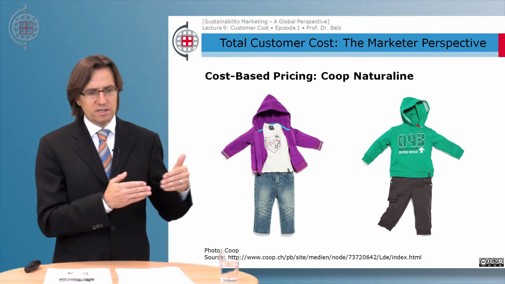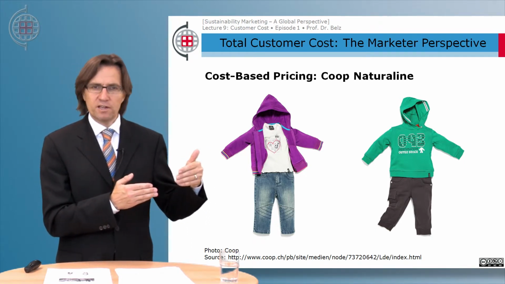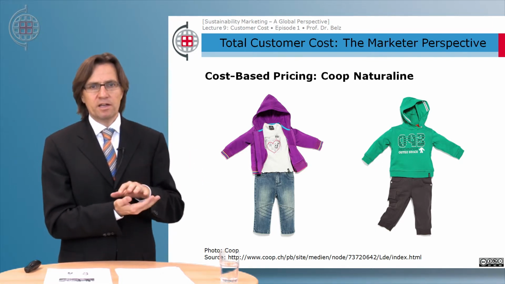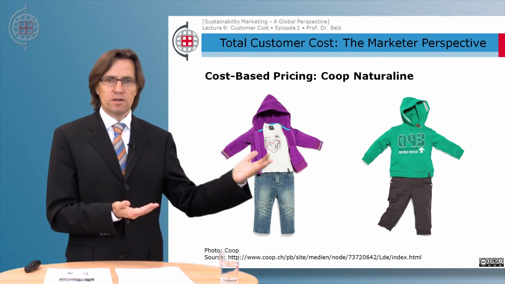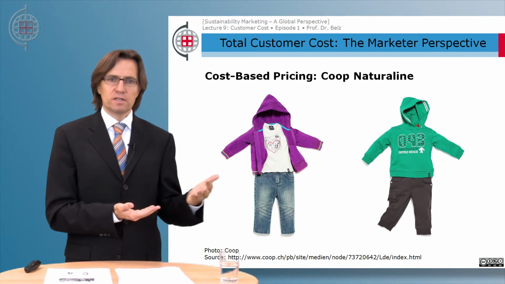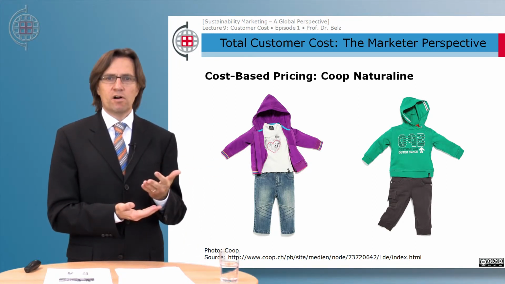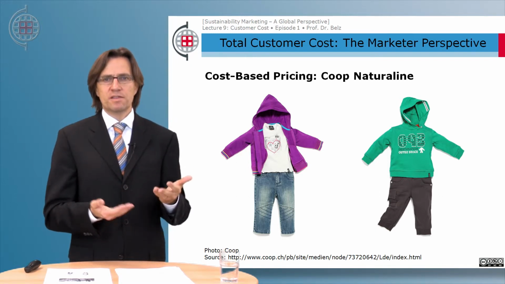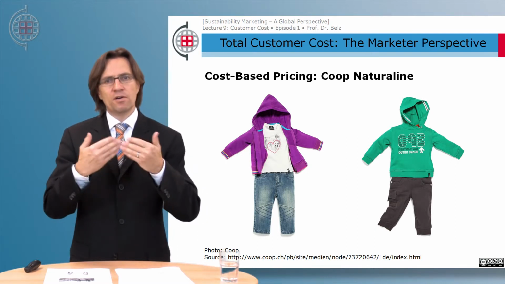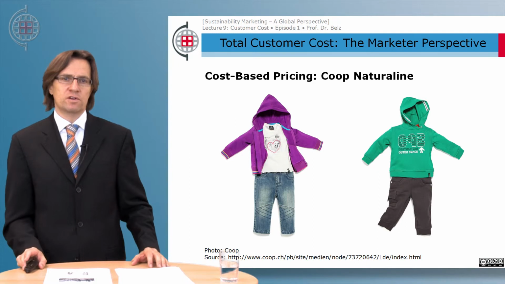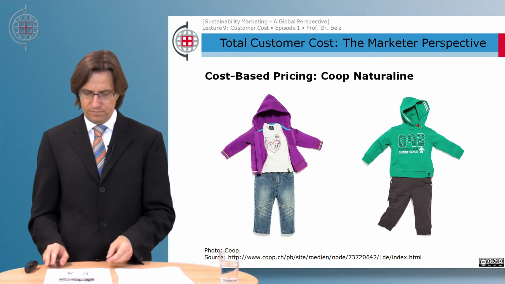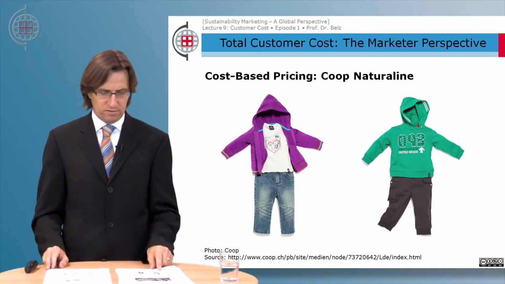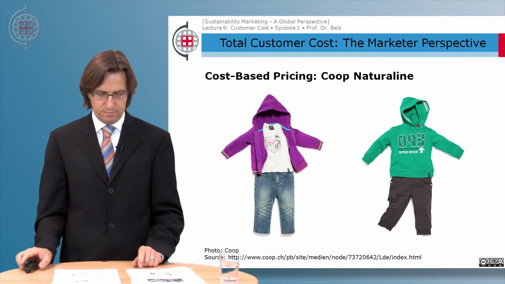So by changing the entire value creation chain, by working directly with the sustainable suppliers, by producing, processing and selling cotton shirts in bulk, in larger quantities, they manage to reduce the cost and offer these kind of organic shirts for a lower price. Actually, the price is similar to conventional shirts. That's why it's quite successful and popular in the Swiss market.